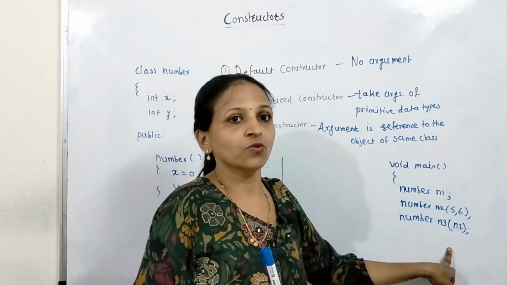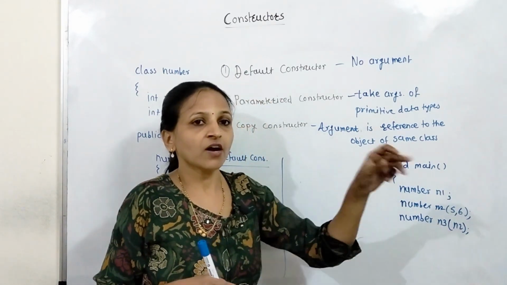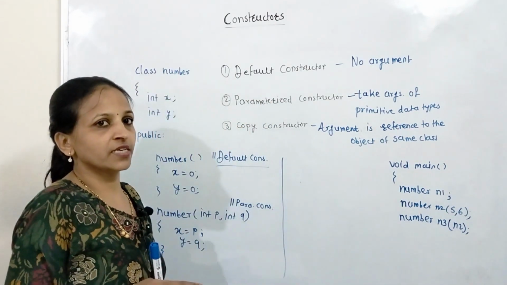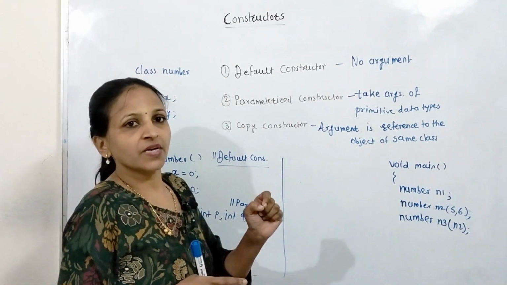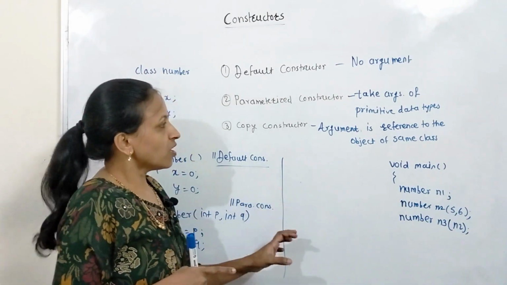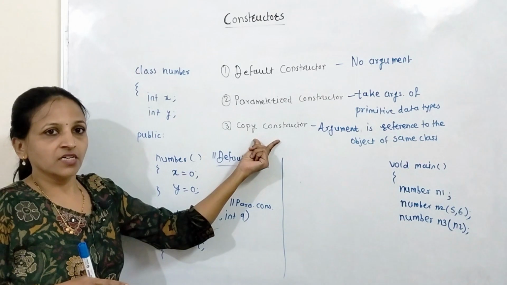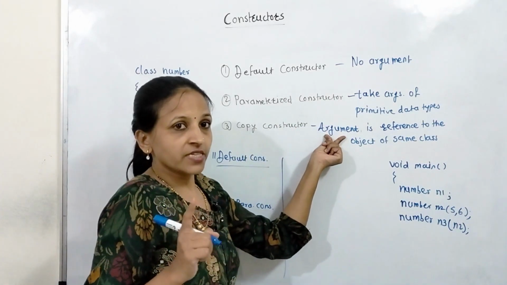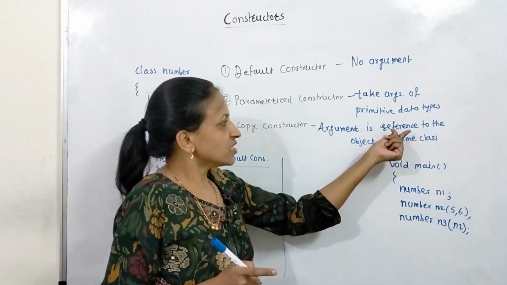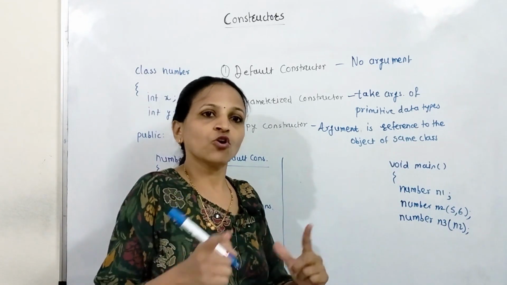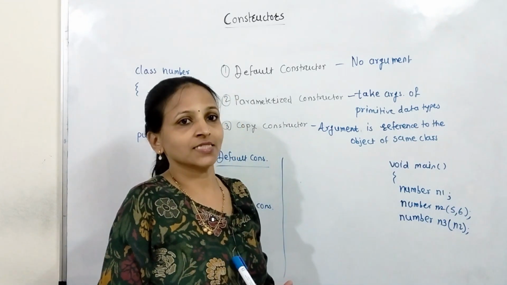It is allowed. To achieve this, we have to write one more constructor here, and that is nothing but a copy constructor. The copy constructor takes one argument, which is a reference to an object of the same class.